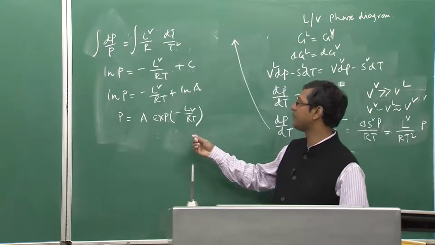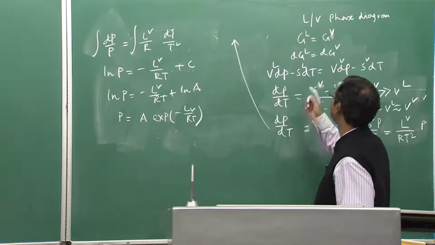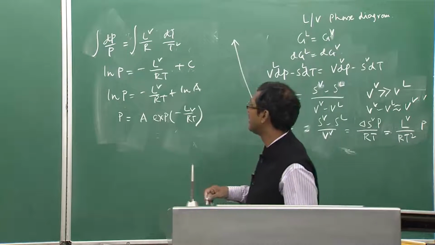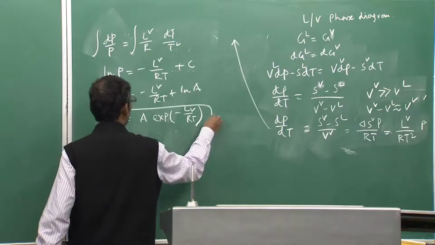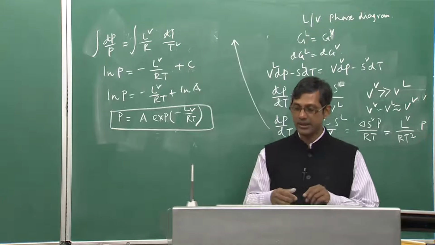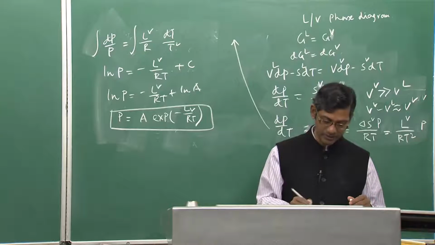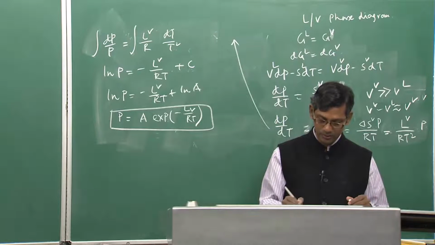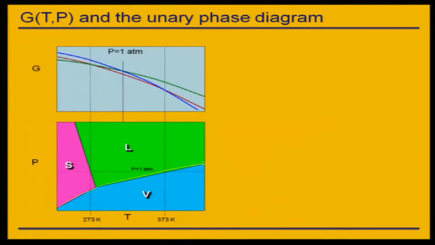Very carefully it can be proved by the free energy equilibrium equations that these two curves of equilibrium between solid and vapor and liquid and vapor, this curve and this curve, will be exponentially increasing lines, okay. That is what is shown in this diagram very nicely.